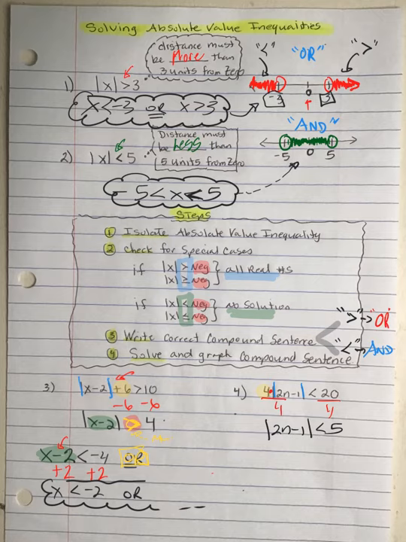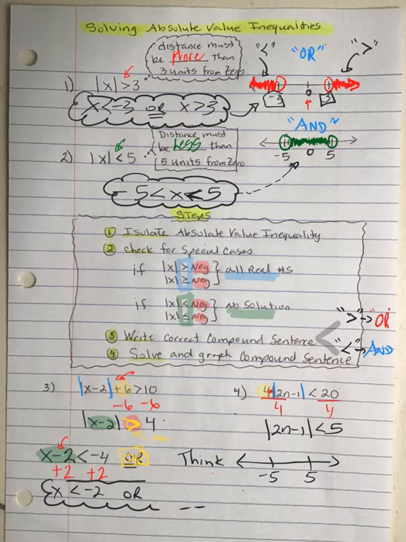Well, notice it says less than 5 units. So that means we have to be less than 5 units from 0. So if we were just thinking about this in our head, maybe just off to the side of our paper drawing a little diagram.